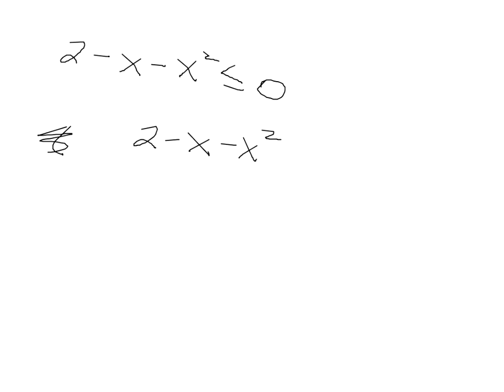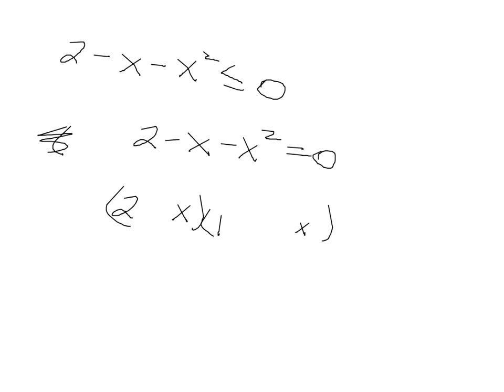Okay, last example. 2 minus x squared is less than or equal to 0. So I'm going to take the 2 minus x squared and set it equal to 0. 2 has only factors 2 and 1, and 1 has factors of 1 and 1, so I get x in each spot.